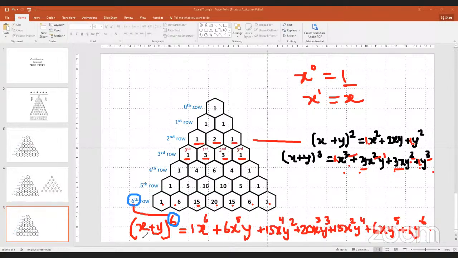Okay, so that's how you do the expansion. It is called a binomial because there are two terms here. Binomial: bi is 2, and nomial. Bi stands for two terms, dua suku.